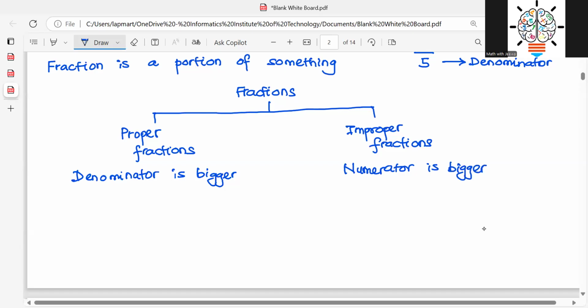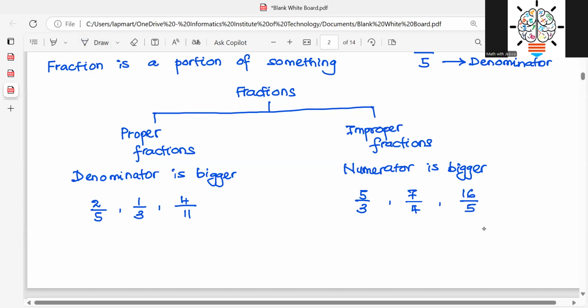So what does that mean? Let's say 2/5 and 1/3, then 4/11. And here 5/3, then 7/4 and 16/5. The numerator is bigger, right?